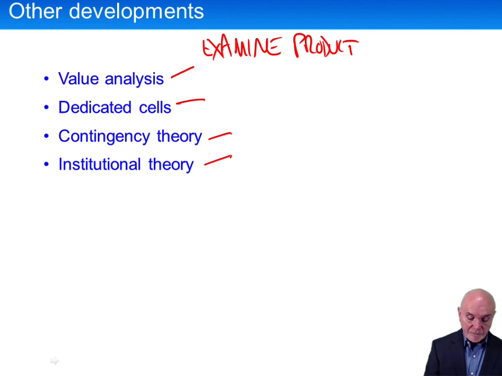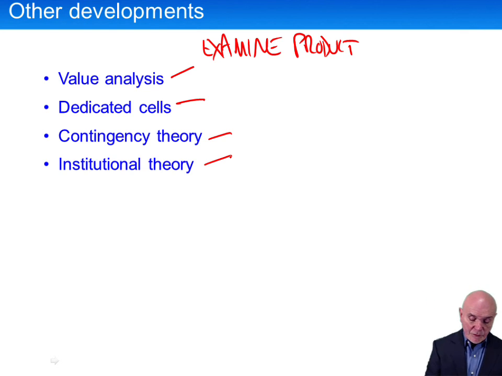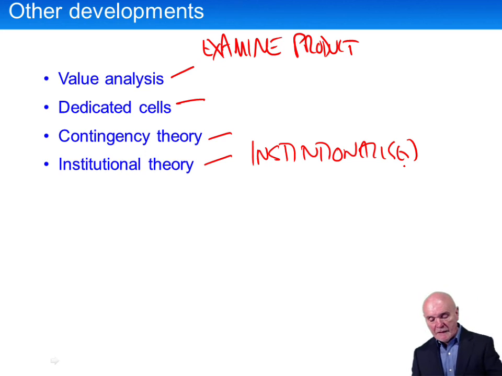And finally, there's something which is called institutional theory. I don't think you need to worry about it too much. But you may have heard the phrase that people can become institutionalized. It's a phrase which is used if people have, let's say, been in a hospital for a very long time, or perhaps been in prison for a very long time.